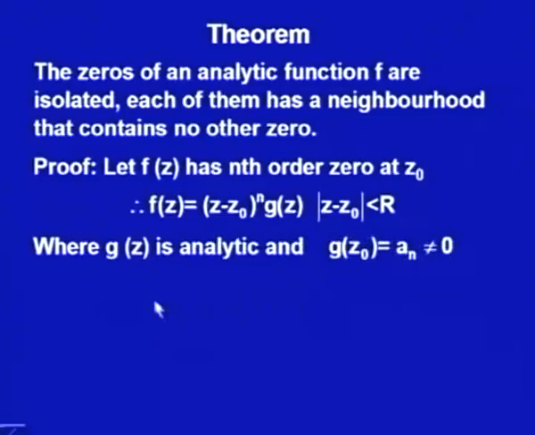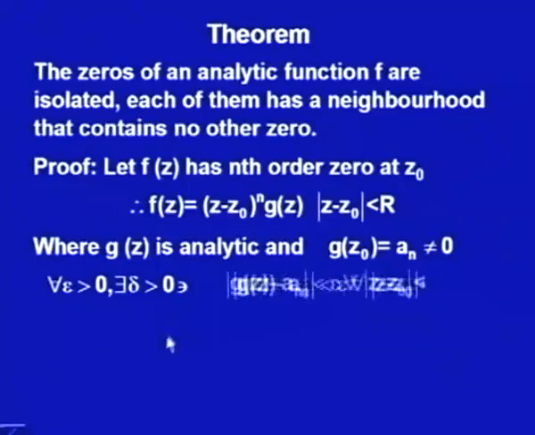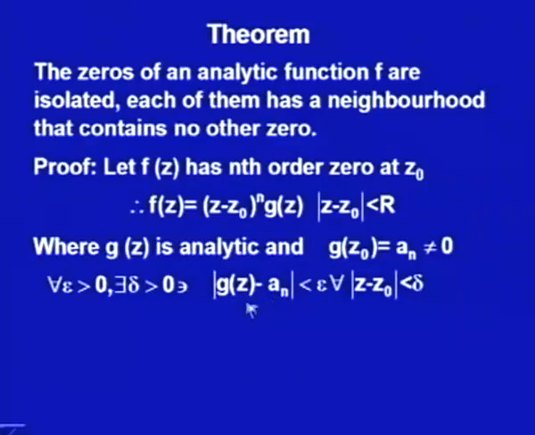Now, g(z) is analytic and g of z naught is a_n, which is not 0. Since g(z) is analytic, at z naught g is also continuous. What does it say? The definition of continuity says, for every epsilon greater than 0 there exists a delta greater than 0 such that |g(z) minus a_n|, because g at z naught is a_n, is less than epsilon for all |z minus z naught| less than delta.